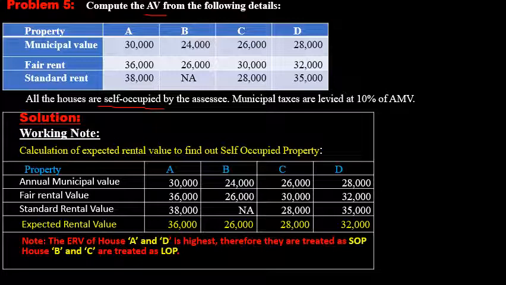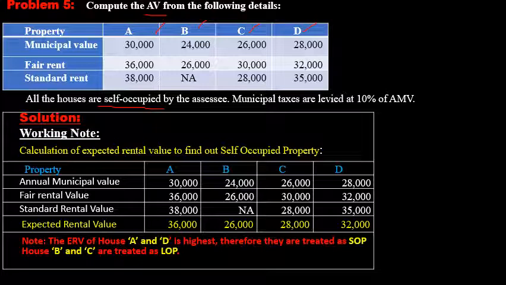In this problem, all four houses, property A, B, C and D, are used for residential purpose, that is, as self-occupied property. But for the assessment, only two houses can be considered as self-occupied property as per the Act.